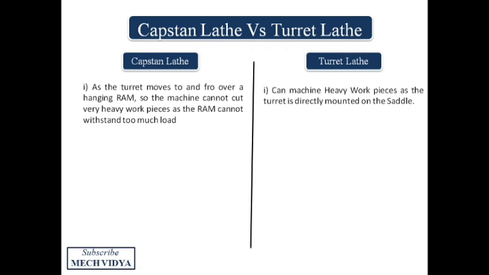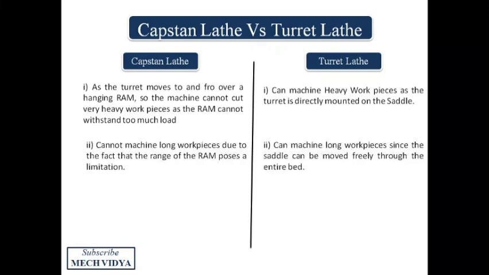Also, the ram in the Capstan lathe has a limited range of movement, so long and bulky workpieces cannot be cut using this machine, whereas using turret lathe we can machine long workpieces, since the saddle can be fixed anywhere in the machine bed. So the Capstan lathes are suitable for light and fast cuts, whereas the turret lathes are good for robust work.